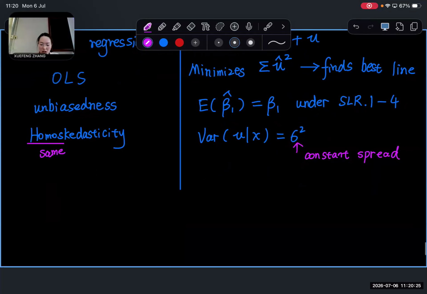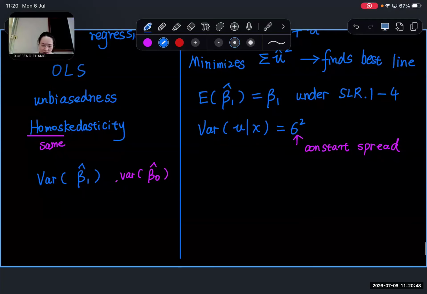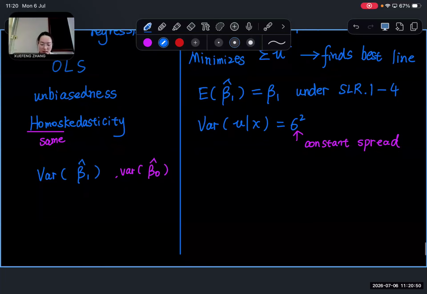Next one, after we talk about the variance of the mu, then we learned what is the variance of our estimator. So here I'm going to use beta hat as well. But you also need to know the variance of beta 0 hat, okay? I didn't show you the proof. I think it's not necessary for you, but you just need to know the concept and get familiar with the equation.